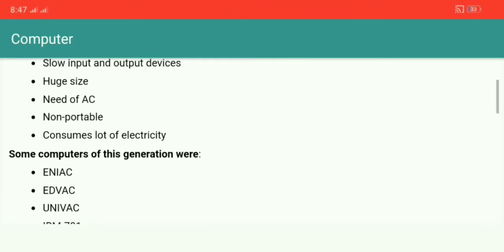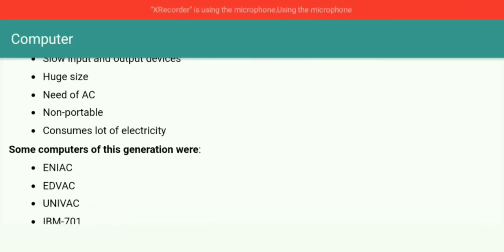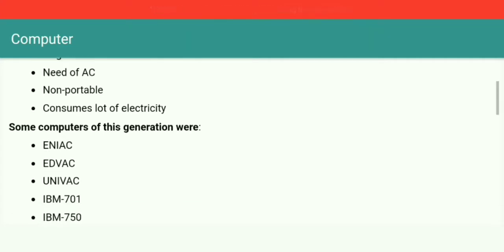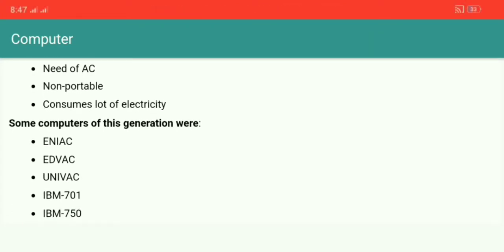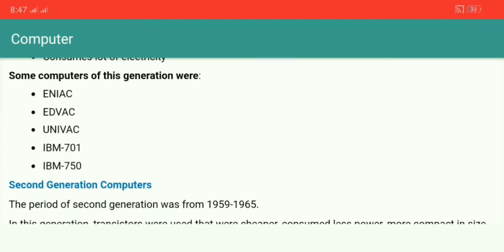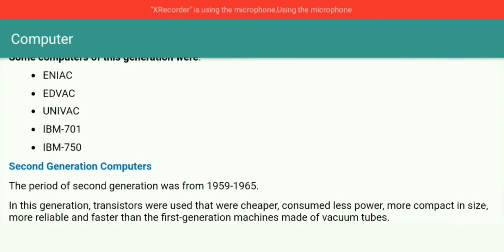So, some computers of this generation were ENIAC, EDVAC, UNIVAC, IBM-701, IBM-750. So, yun yung first generation.